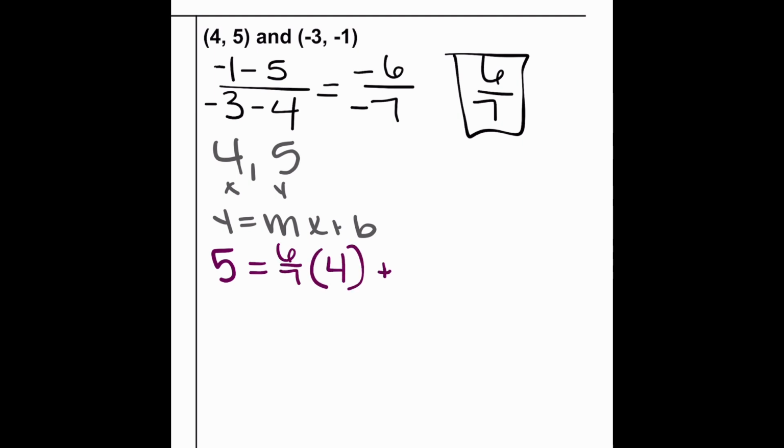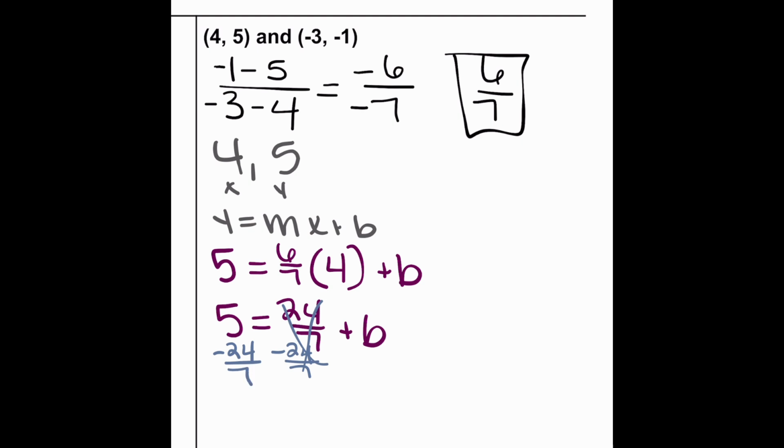X is 4. You get 24 over 7. Then I need to subtract 24 over 7 from the other side. Do this on your calculator.